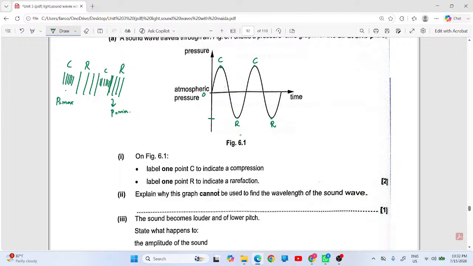If displacement were on the y-axis, we could say this is the wavelength, between crest and trough. But here along the y-axis we have pressure, so it is not useful to find the wavelength.